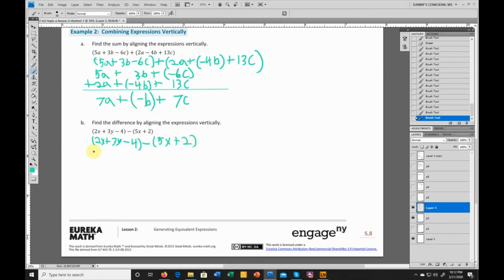Okay. And actually, the 2 should be a minus 2. So it's minus 2. Line up your like terms, remember. So we're going to go ahead and create a line and make our plus symbol.